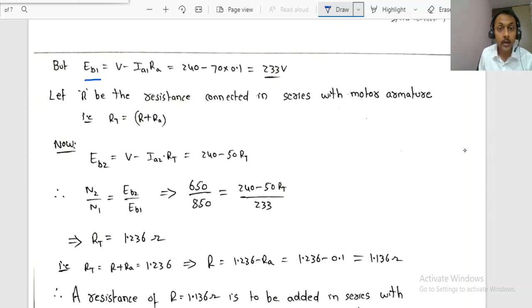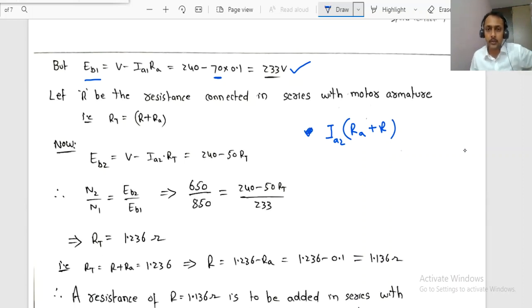In the first case, where the armature current is only 70 amps, V minus IA RA is equal to 233 volts. Now in the second case, to the already existing RA, some new value of R is added, and because of the new current drawn by the armature, this will be our new drop across the armature.